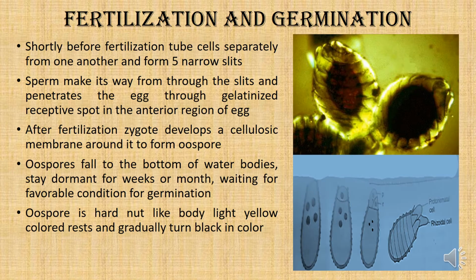So the fertilization, when the nucule and globule are both mature, so in the nucule, that is the female reproductive organ, the tube cells that are spirally arranged, I told you, these tube cells separate from each other.